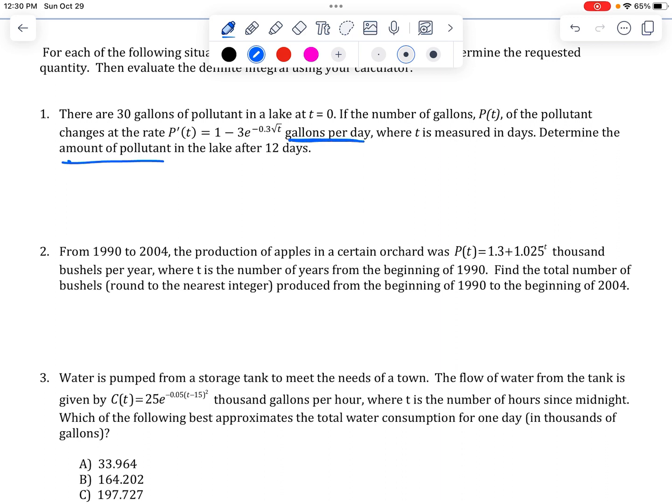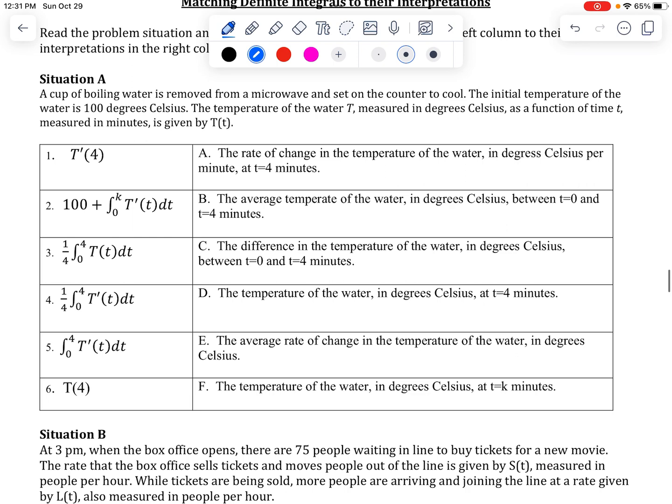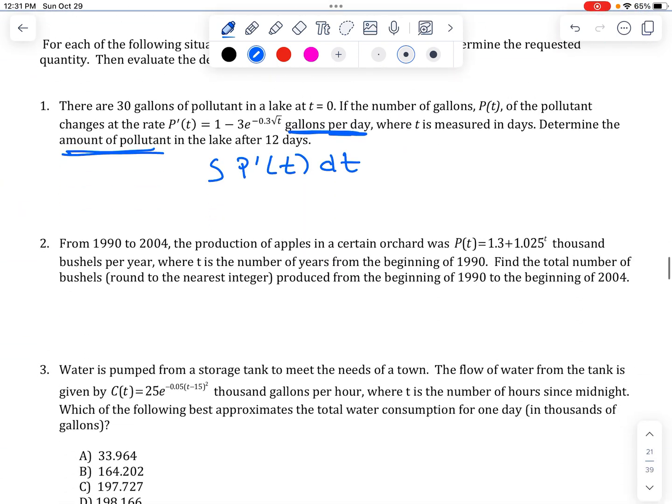So again, you're starting with the rate, and I want to get to the total amount. What we want to remember is when you take the antiderivative of a rate, your answer will get to your population or whatever y value you're talking about. And if you're not sure, you can look at your units. If I take the antiderivative of P prime, the units on P prime are gallons per day.